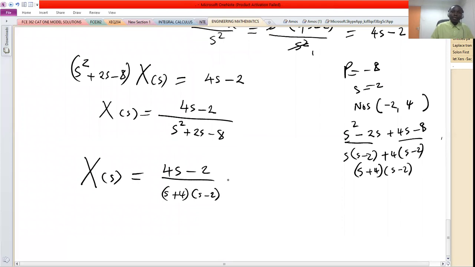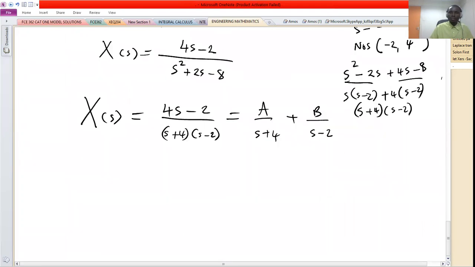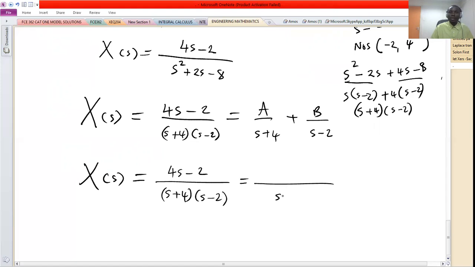So then we use partial fractions. So this is the same as A over S plus 4 plus B over S minus 2. So that capital X of S will be 4S minus 2 over S plus 4 into S minus 2 equals to S plus 4, S minus 2, A into S minus 2 plus B into S plus 4.